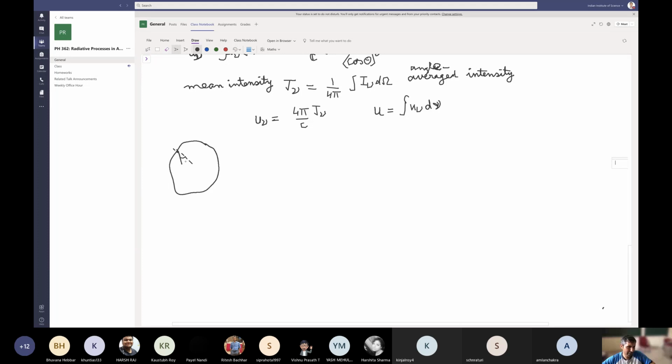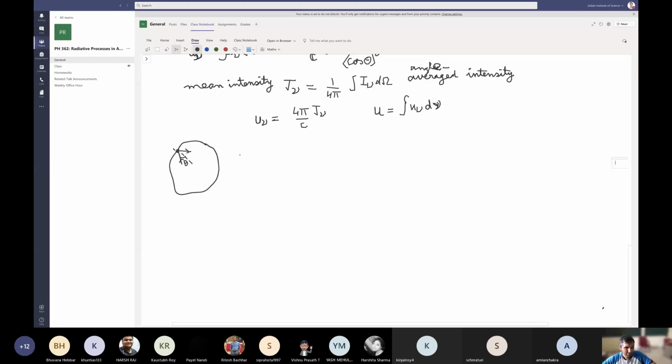This is some angle theta, right? It hits it and it gets reflected, right? So these angles are equal. If you consider such a situation, what is the pressure exerted at this surface where the photon is hitting?